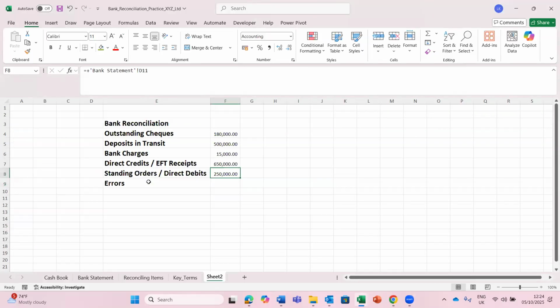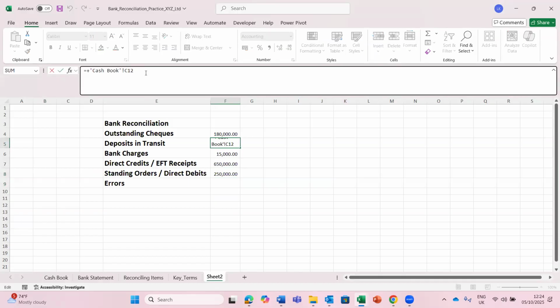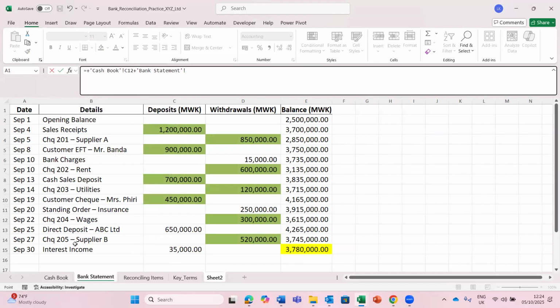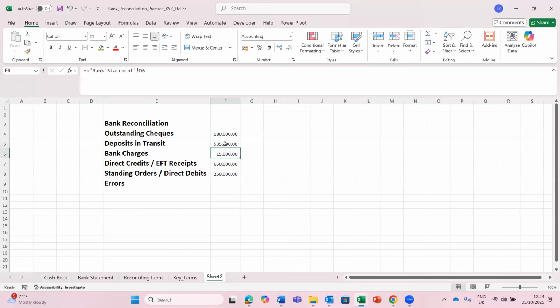And then also under the same direct deposit, we have interest income. Go to the statement. There's interest income, this amount. So we have received interest on our statement, but we're not aware of it. So how do we record it? That is our interest income. All right.